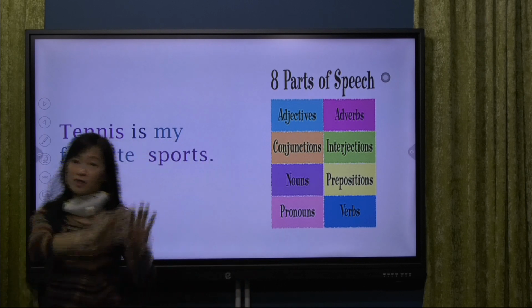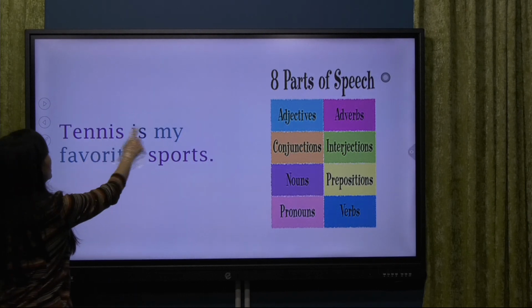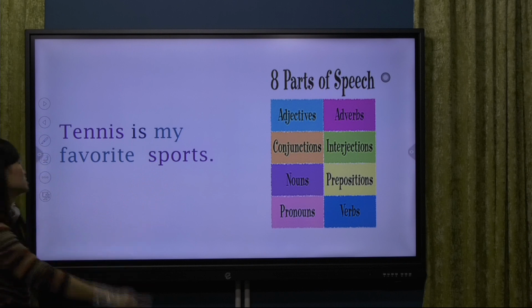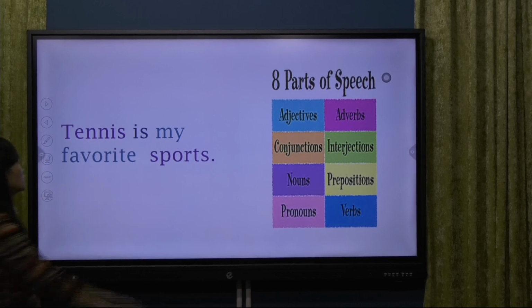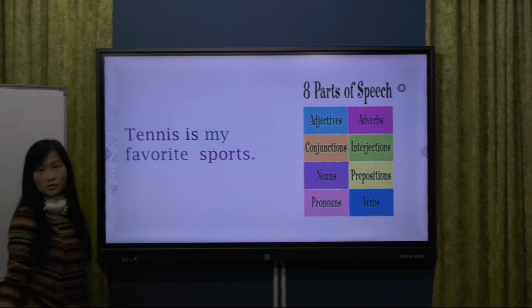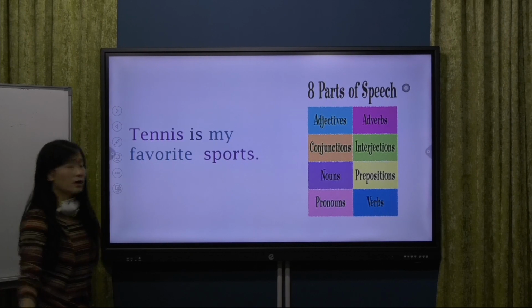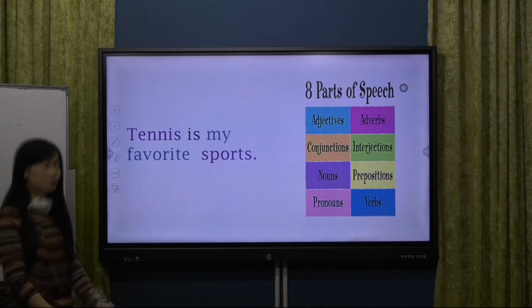So in this speech, we have different parts. An example is tennis and also sport. So what are they? They are the nouns in a speech. So the noun here is one part.